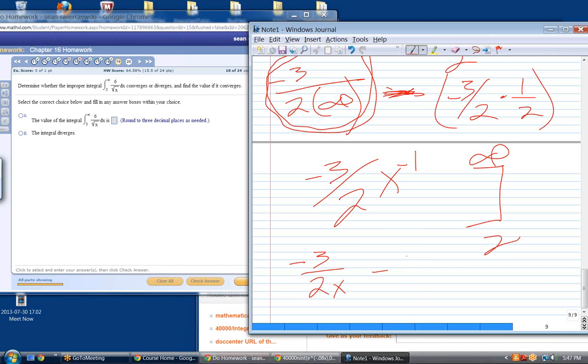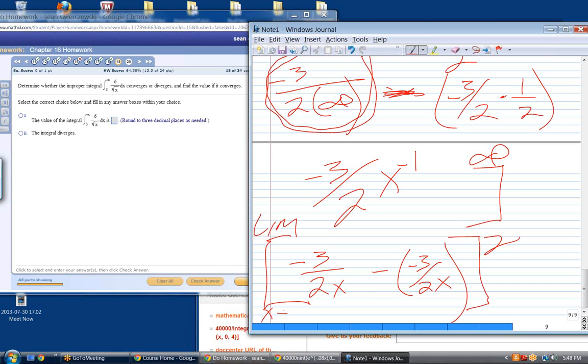minus a minus 3/2 over x, taking the limit of this as x goes to infinity.